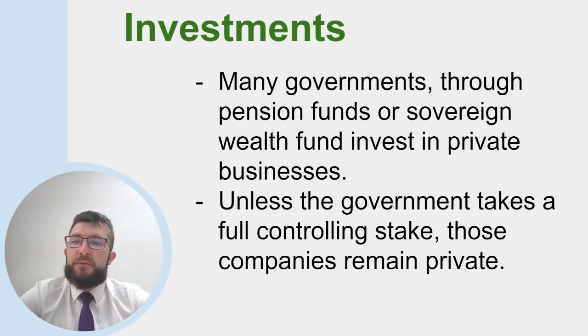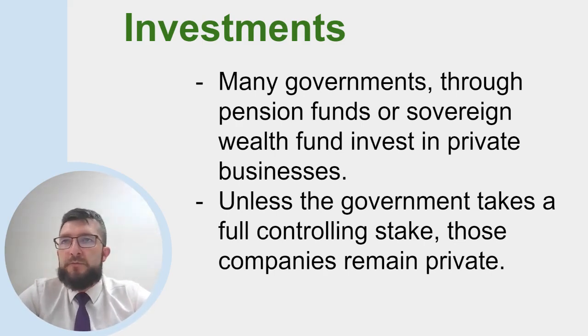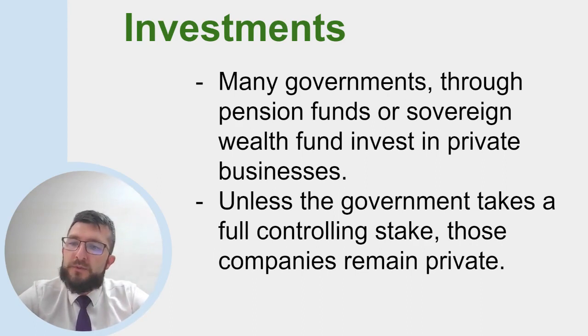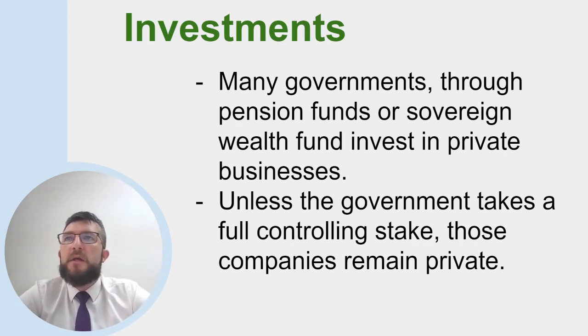Once we get up to the 51% threshold of controlling stake of a company, then we can get to the gray area of, does this change from a private to a public company? Even if maybe the shares are still available to others, has the government now taken a controlling stake?